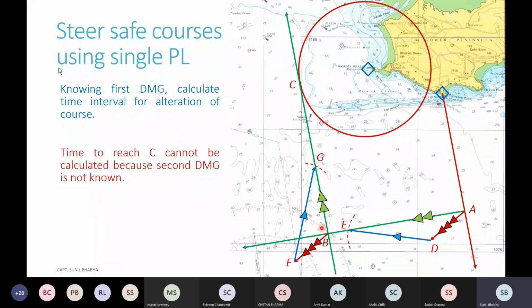Alpha and Bravo were hypothetical points which were picked up by us. So Bravo is not the actual position of the ship, and Bravo Charlie is not the distance made good on the second leg. So even though we know the speed made good on the second leg, we still cannot find out our ETA to point C.